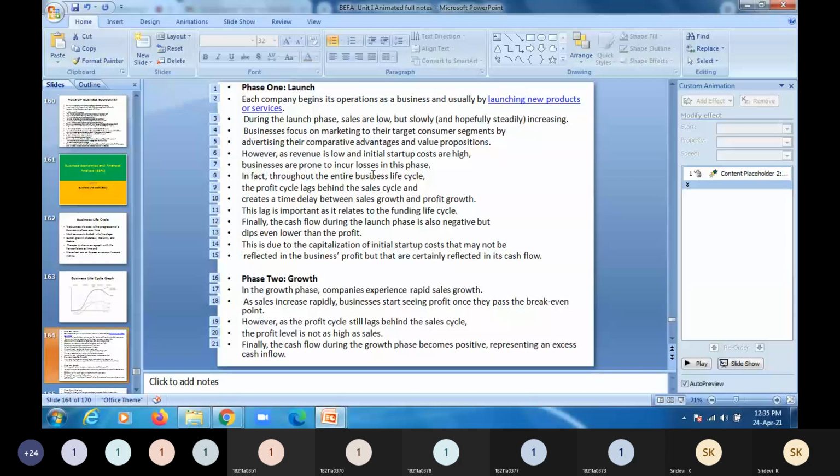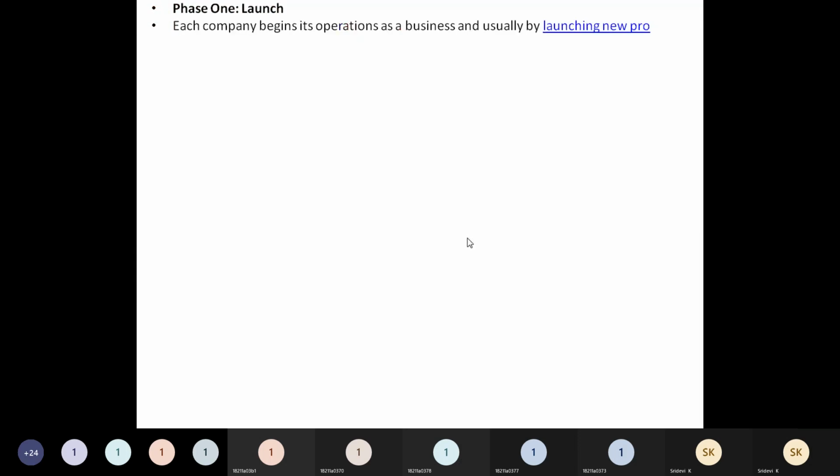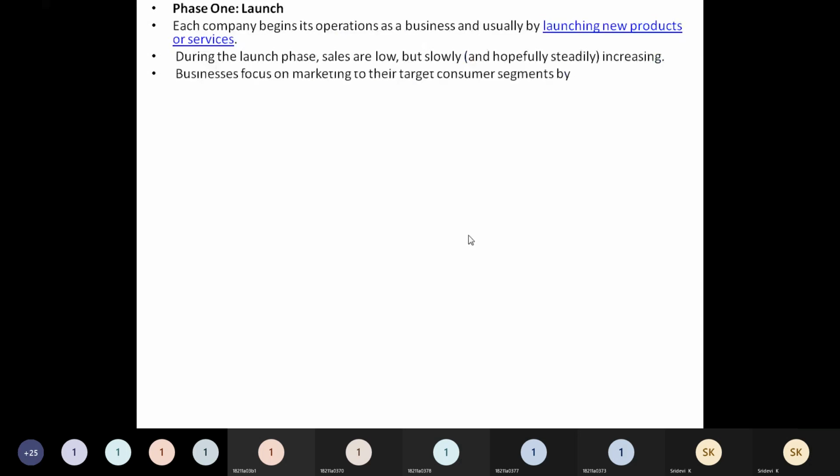Why is this happening? So what these people are going to do is, business people will concentrate more on their related customers, which we can call target consumer segments.